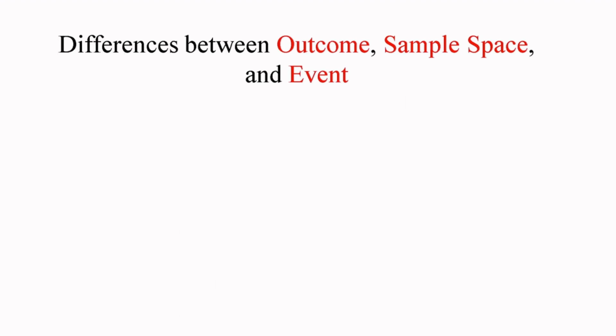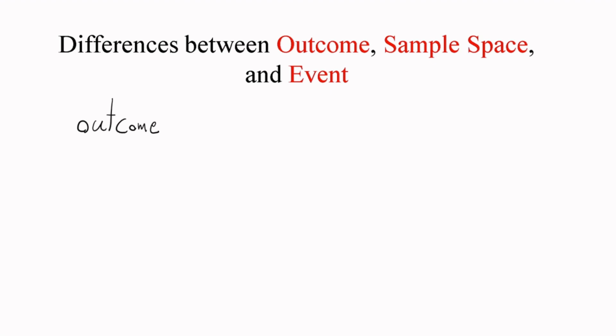Most of the time my students have problems specifying differences between outcome, sample space, and event. So I'm going to allocate this part of the video for differences between outcome, sample space, and event. Let's start with outcome.